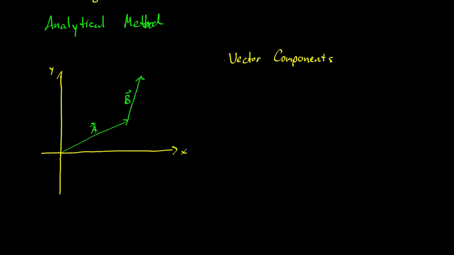And so what we do is we're going to break this vector A into its 2 components. And so I can see that to get from point 1 to point 2, I could go along this line, or I could move along in the X direction. So I could go so many units this way until I'm right below it.